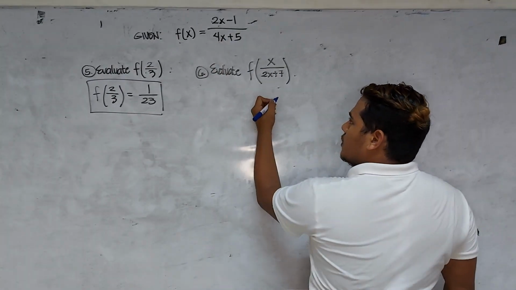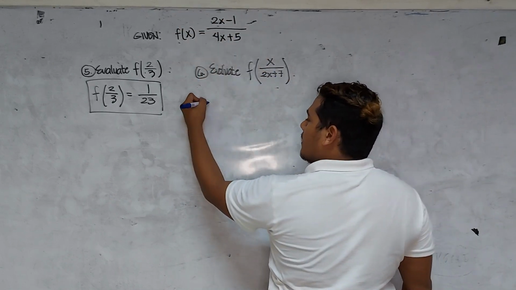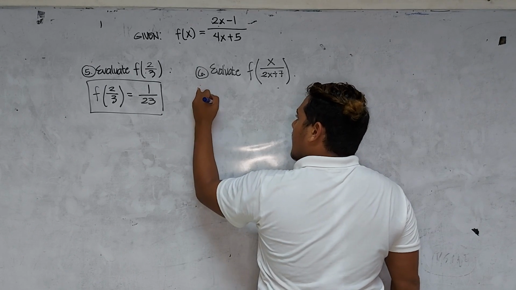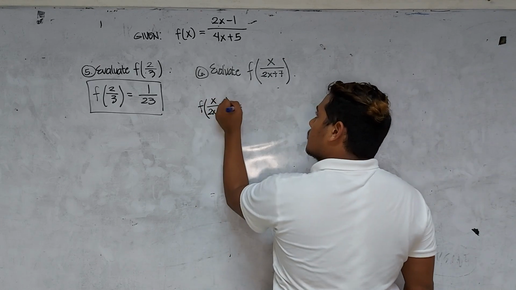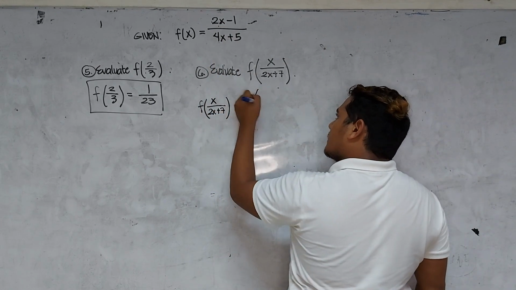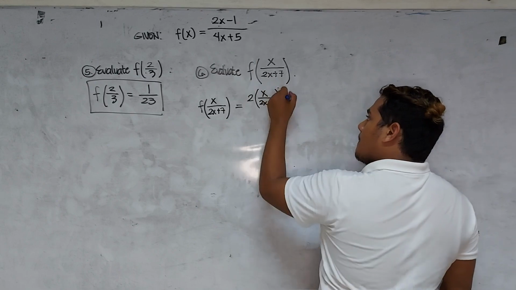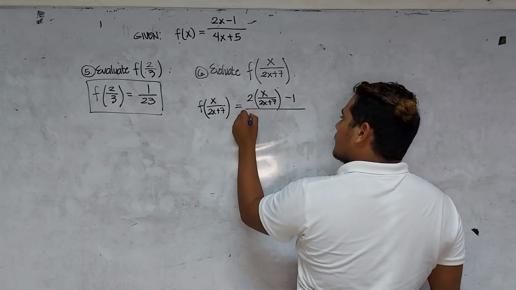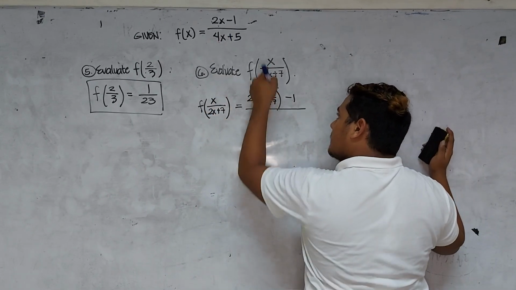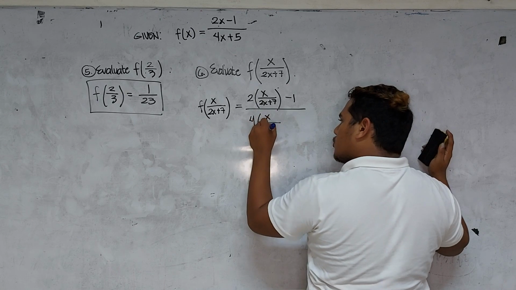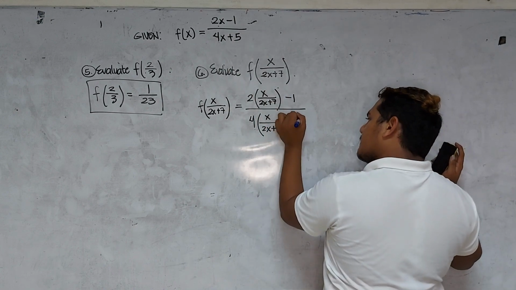What will you do? You will substitute the value of your x's here in this given value. So, that becomes f of x over 2x plus 7 is equal to 2 times x over 2x plus 7 minus 1 over 4 times x over 2x plus 7 plus 5.